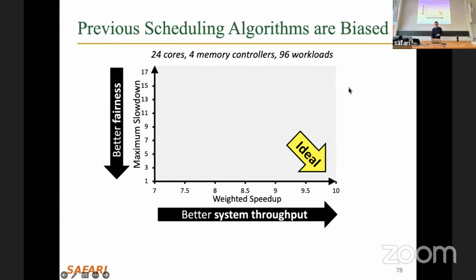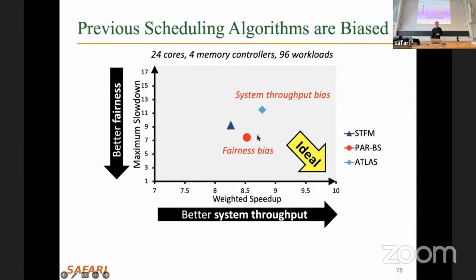Okay, ideally, you would like to be here based on what I've shown in this picture. And if you look at the performance and fairness of different scheduling policies, none of them is ideal or close to ideal. So this is Atlas, good for throughput, not good for fairness. This is PARBS, good for fairness, not as good for throughput.